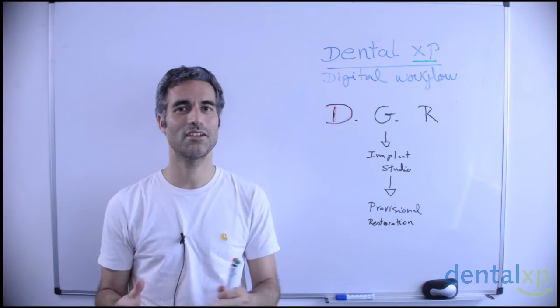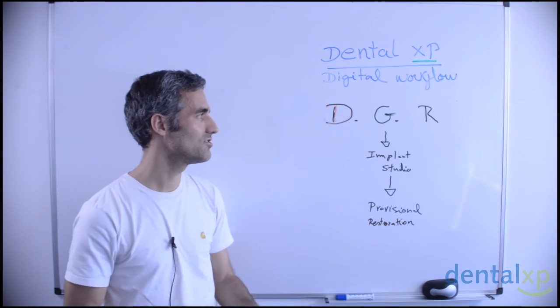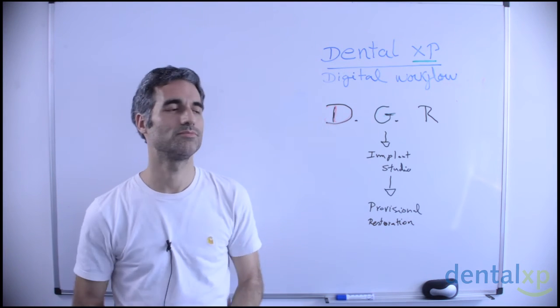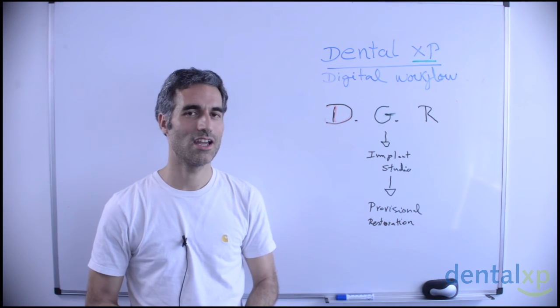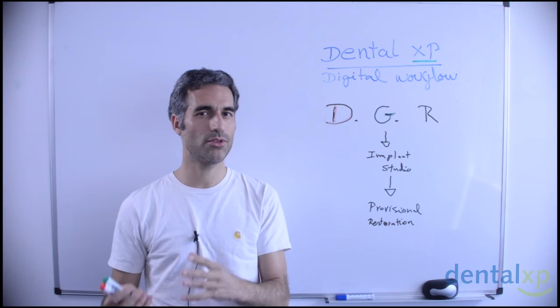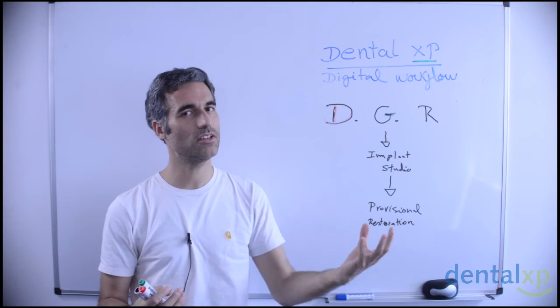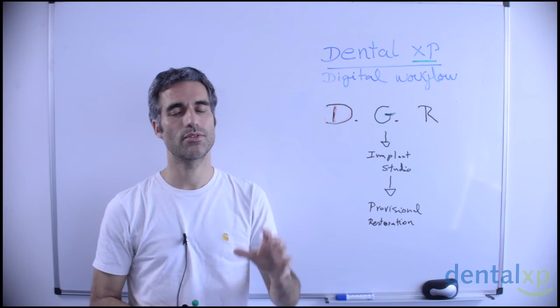And the last thing that we are going to see today is the DGR, Digital Guided Restoration. What is it all about? We are going to explain how we use digital impression from the patient and also the CBCT, the cone beam tomography from the patient.